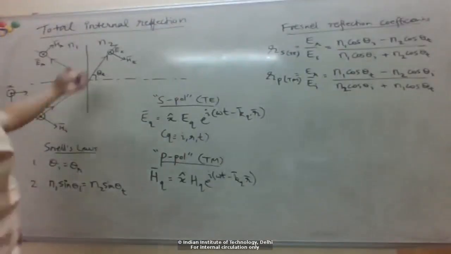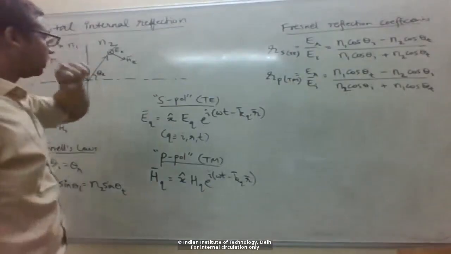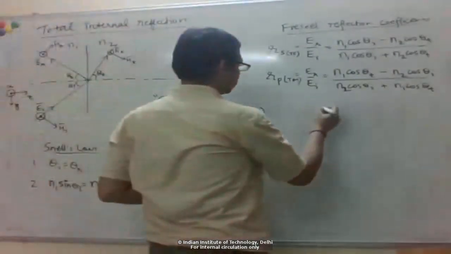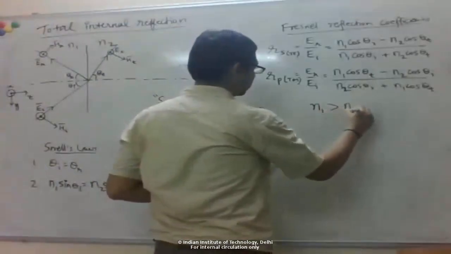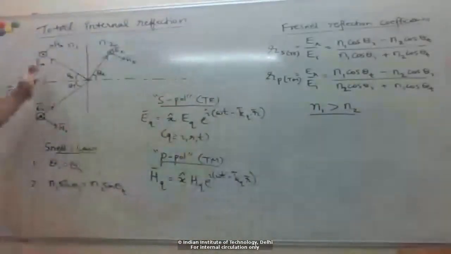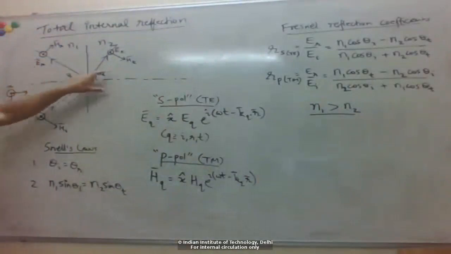Our particular focus is on total internal reflection. That happens, as you know, when the wave goes from a denser medium to a rarer medium, from a medium of higher refractive index to lower refractive index.